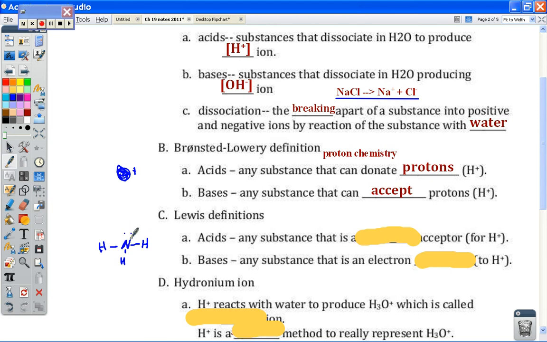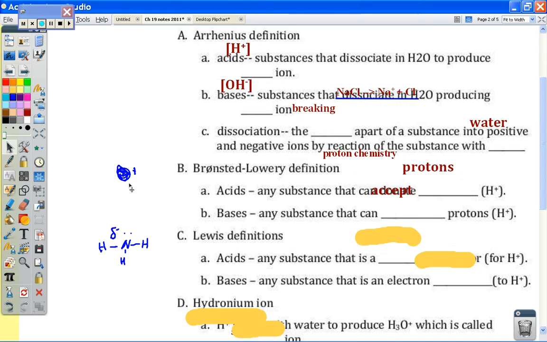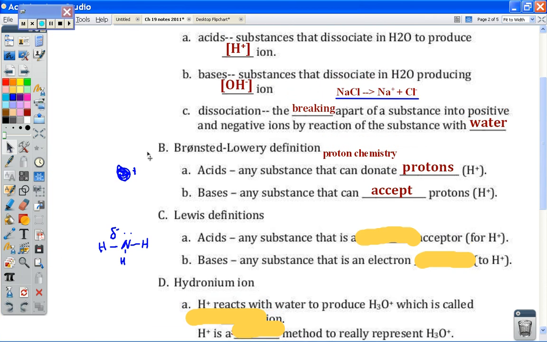And this has a local negative charge right here. And the proton is going to want to come down and it will be attracted to that lone pair.